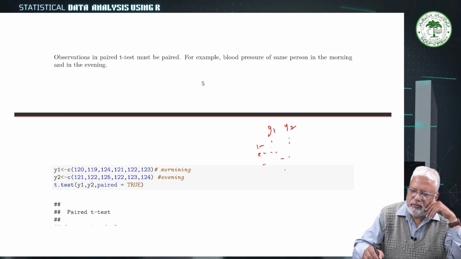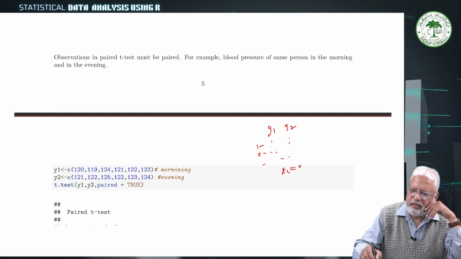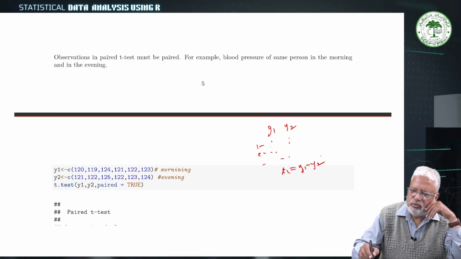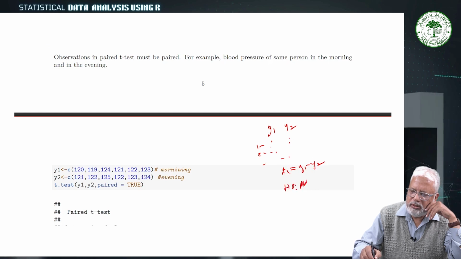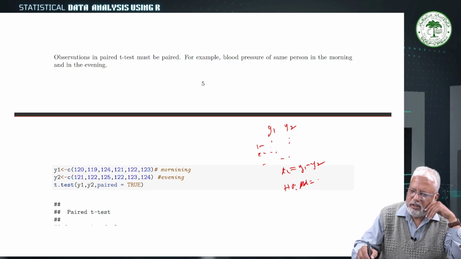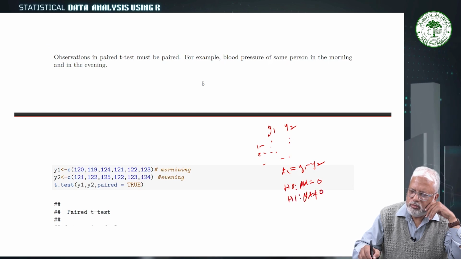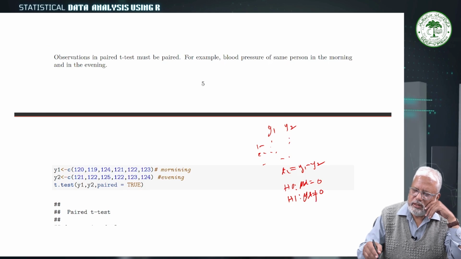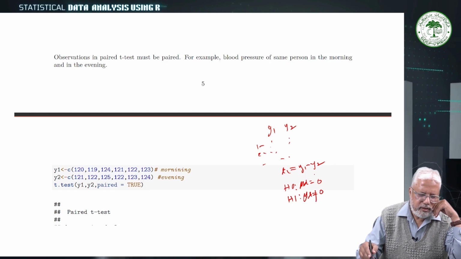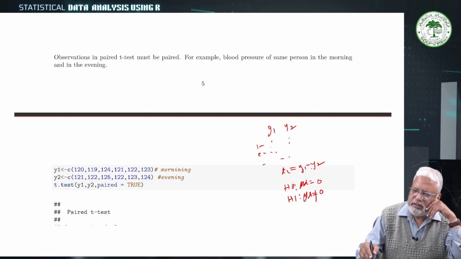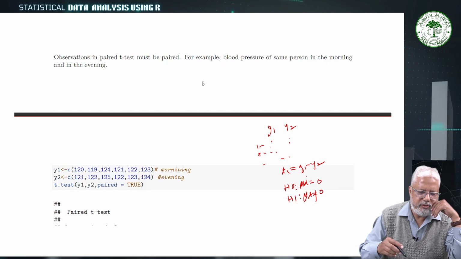So we define differences, D is equal to y1 minus y2, and then we test H0: mu d is equal to 0 versus H1: mu d is not equal to 0. So this difference becomes the basis of inference in paired observations.